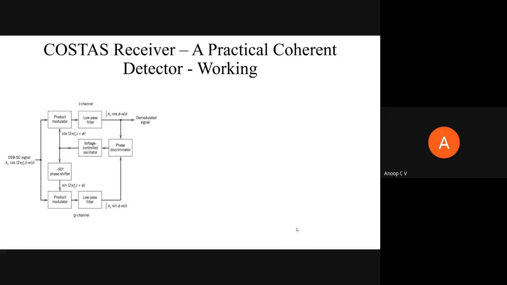So maybe what we can do is we can try and write down, we'll just see what happens in this I channel initially. The I channel input to this is Ac cos 2 pi fct into m of t.